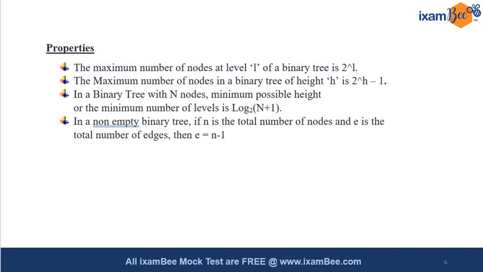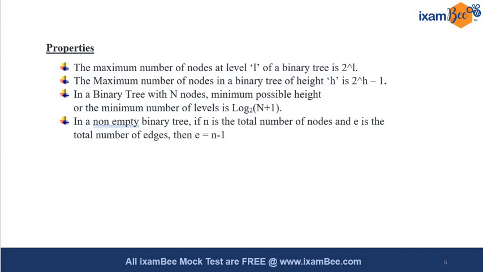Then in the third point, in a binary tree with n nodes, the minimum possible height, or the minimum possible number of levels, will be log base 2 n plus 1. So if I give you the number of nodes and ask you to build a binary tree with the minimum number of levels, you will have to give me the levels as log base 2 n plus 1. And the last point is regarding a non-empty binary tree.